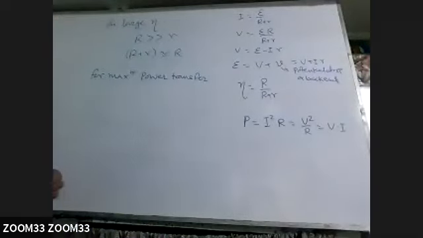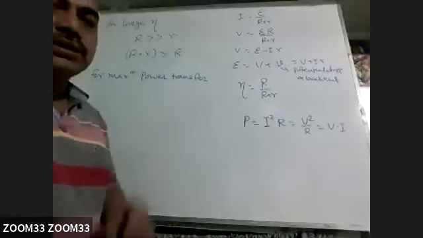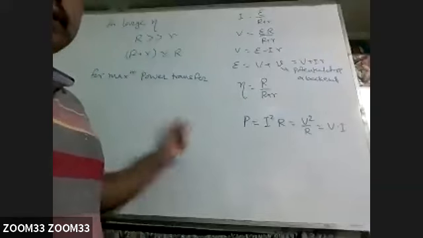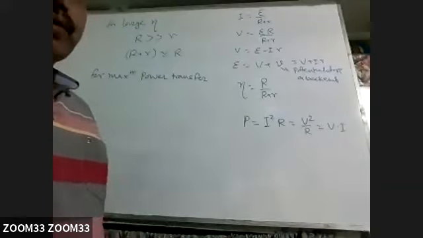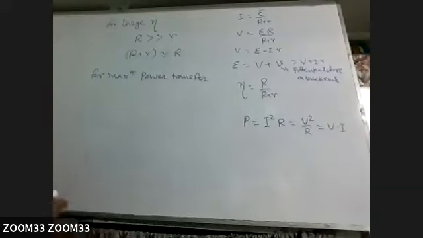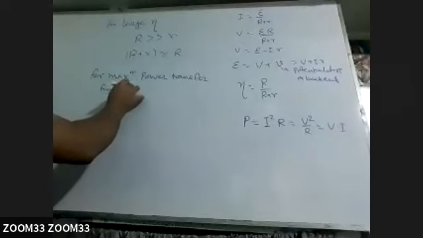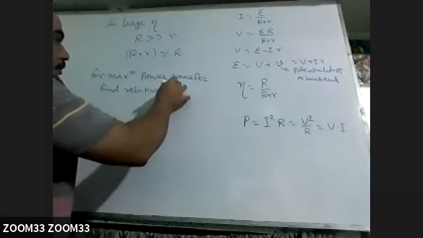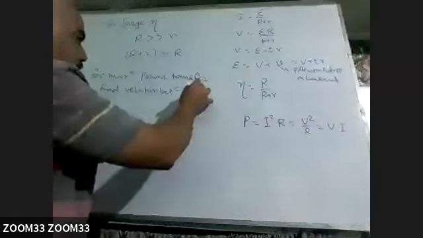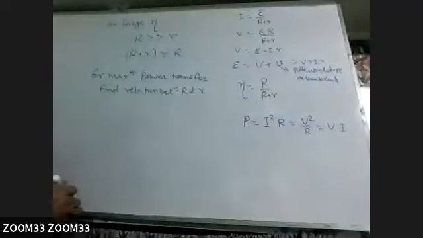Now suppose you are asked for which value of external resistance, or what is the relation between external resistance and internal resistance, for the maximum power transfer. So for maximum power transfer, find the relation between R and r.